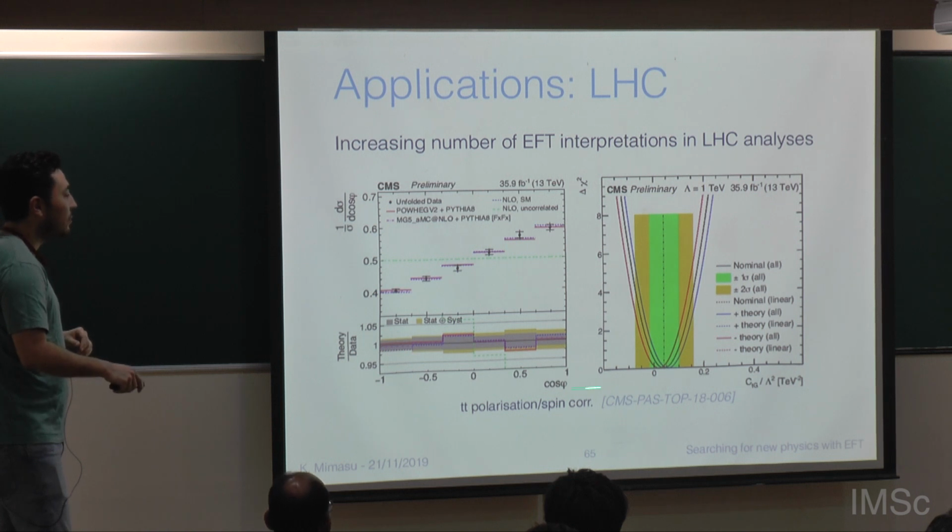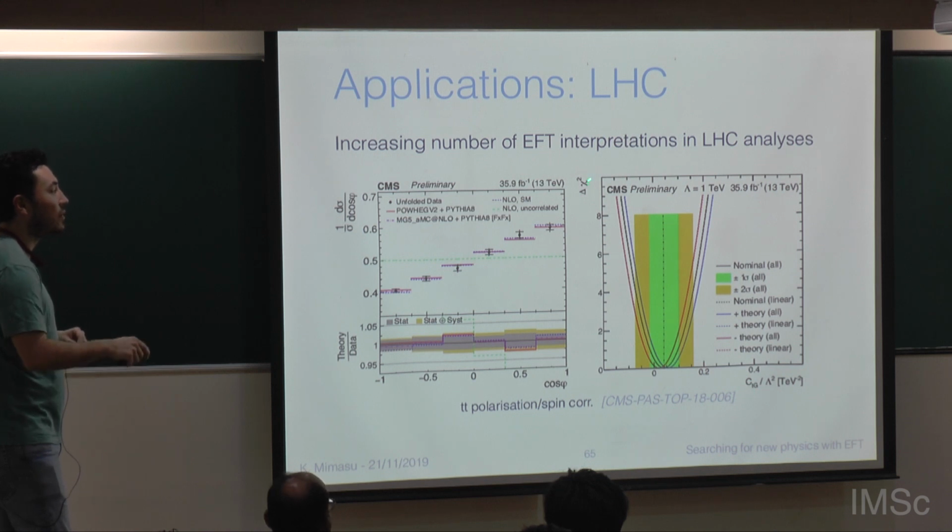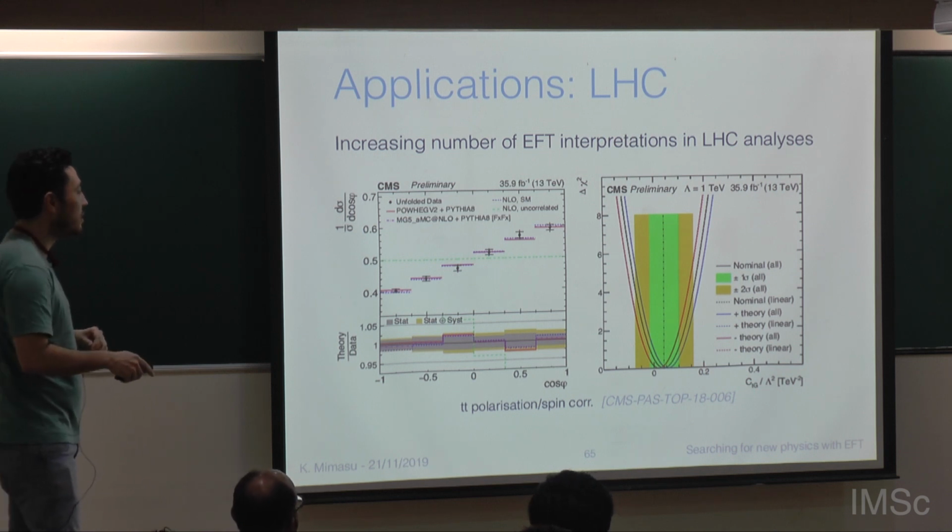Also, for example, polarization and spin correlations in T T bar. That's also a very nice measurement that constrains this chromomagnetic dipole operator. So the dipole operator of the top and the gluon, I think it provides the best limit available in the literature on this particular operator.